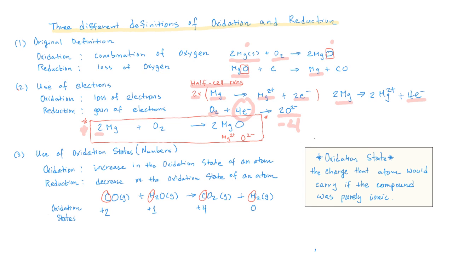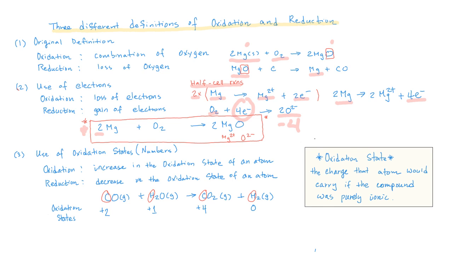On the other hand, if the oxidation state of an atom in a chemical substance shows a decrease during the chemical reaction, we say the atom underwent a reduction process.